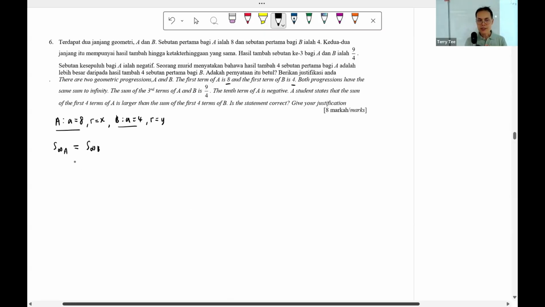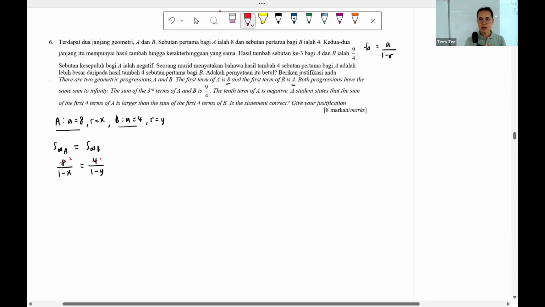So let's form the first equation. What's the formula for sum to infinity? Sum to infinity is a divided by 1 minus r. So my a for the first one is 8, my r is x. Second one, my a is 4, r is y. Can we cancel? Okay, I'm going to cancel: 8 divided by 4 is 2, and this one becomes 1.